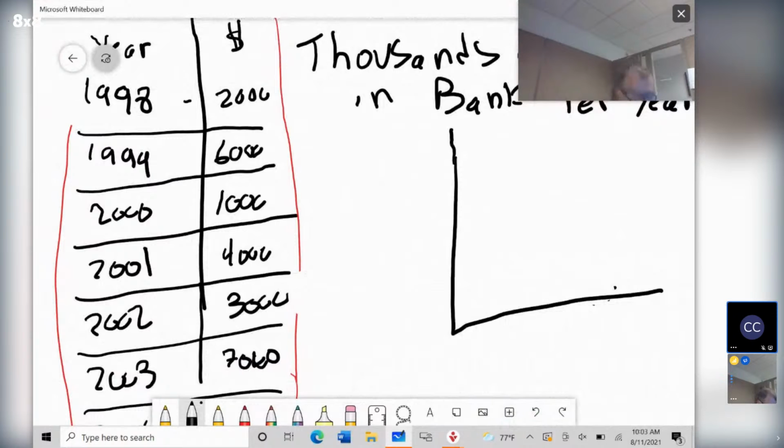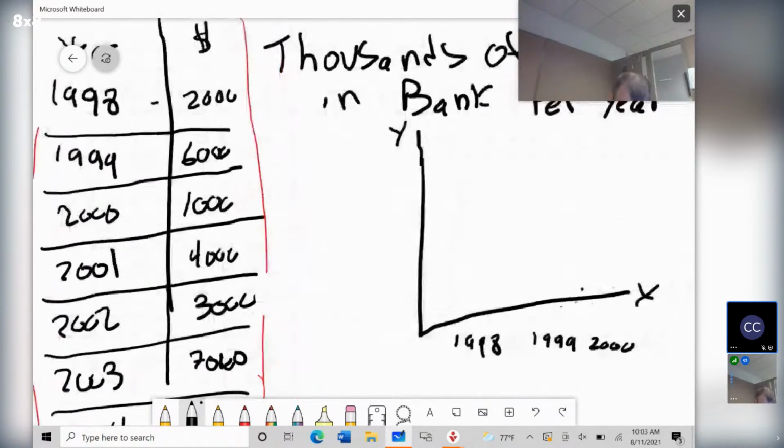Remember, the Y goes up and X goes across. So what we're going to do is put the years on the x-axis. You can do it either way, but we're going to start like this. So if we start over here, we're going to have 1998, 1999, 2000.